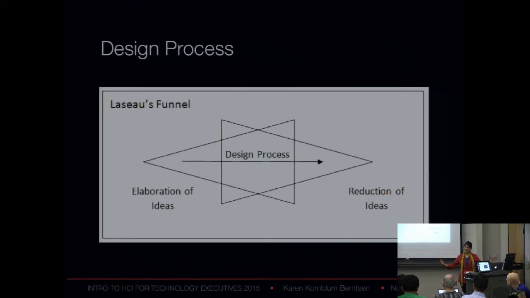And then there's a point where you begin the refinement and you begin narrowing and refining and reducing your ideas down. And that basic rhythm of expansion and then a sort of contraction is the rhythm that is part of a designer's blood. It's part of what they do every day.